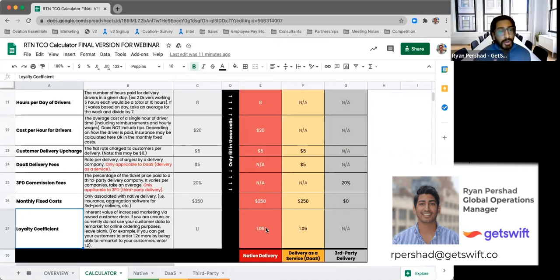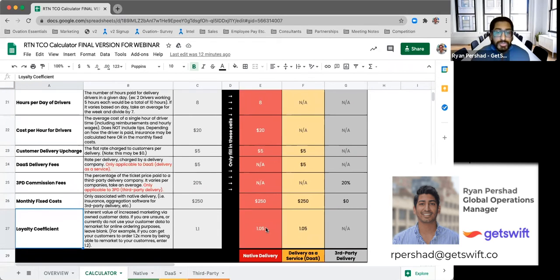We all understand the benefits here. The goal is to own your channels where you're creating orders, receiving orders, and then fulfillment as well.